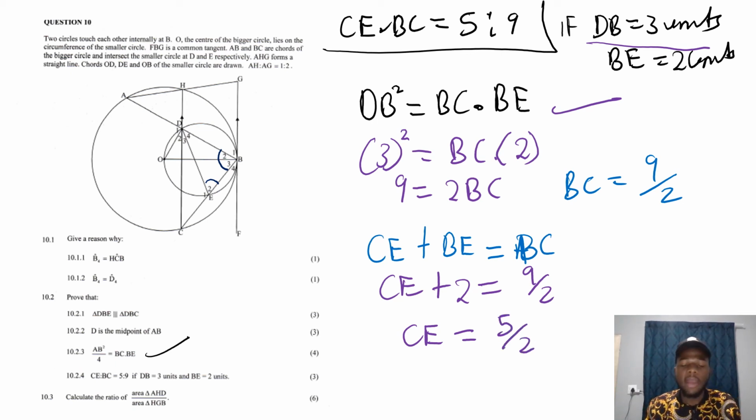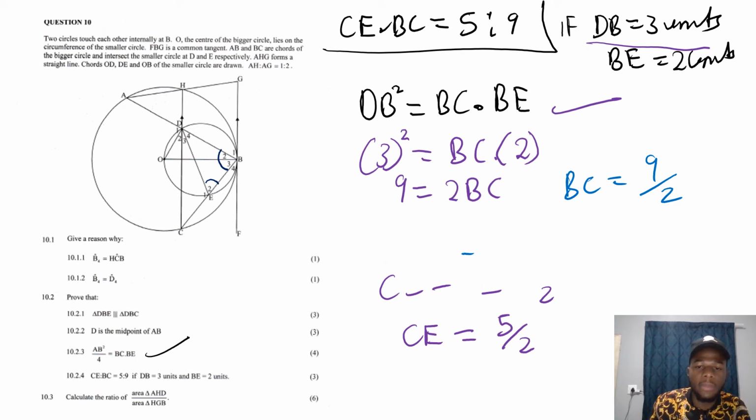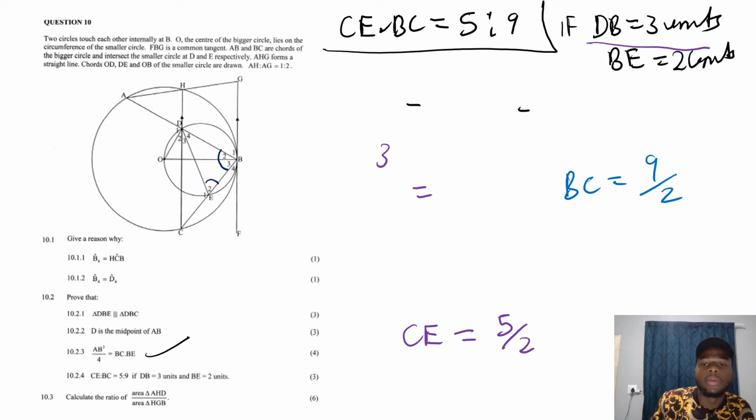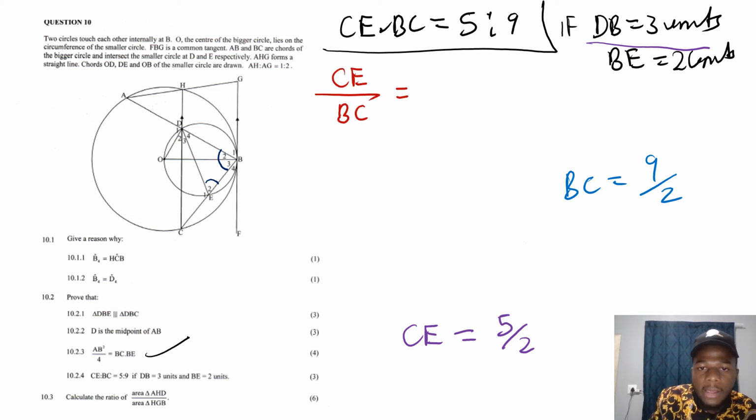All right, now we have CE, we have BC. We can prove that ratio. I'm going to show you how to prove this. Don't forget, this is the same as CE divided by BC.